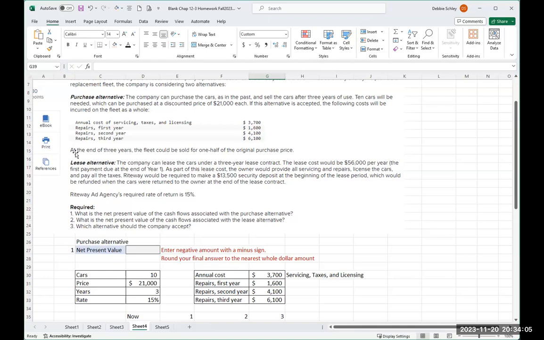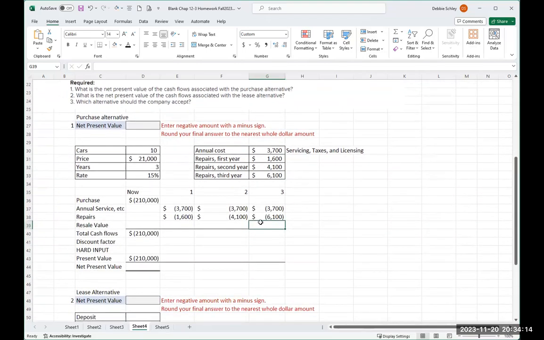Now, at the end of 3 years, the fleet could be sold for 1/2 of the original purchase price. So my resale value is positive, right? I'm going to make that money. In order to reference this, I'm going to use negative and negative, and that makes a positive, divided by 2, because it's in half.